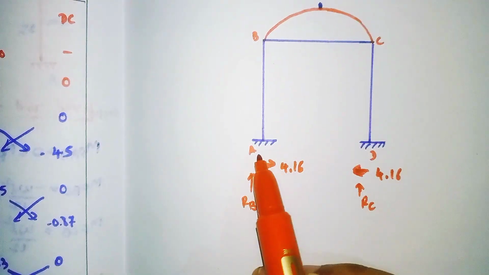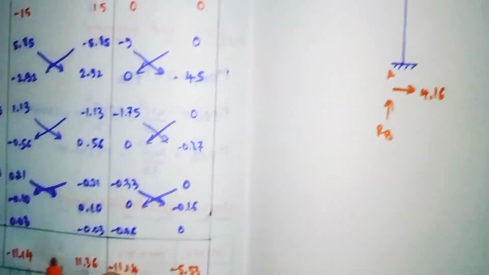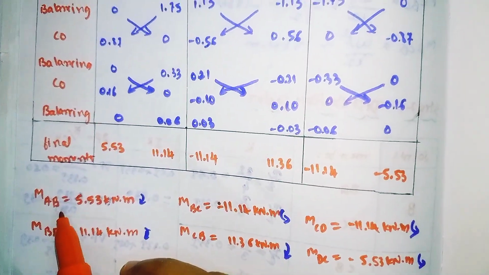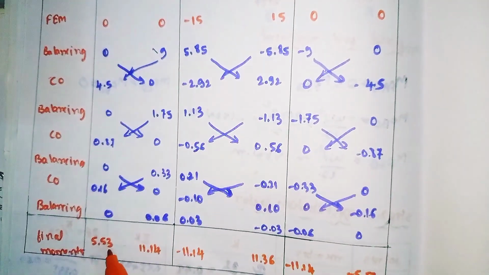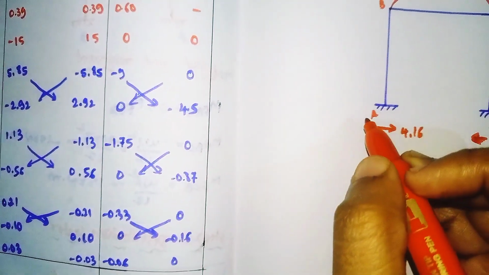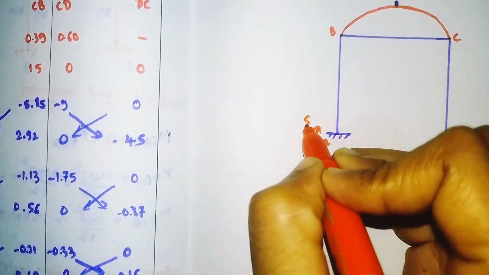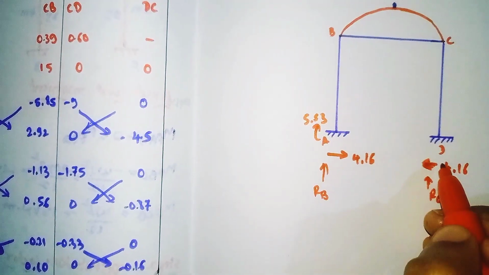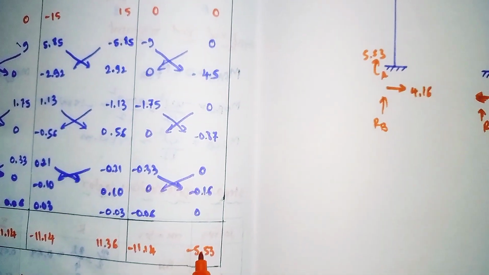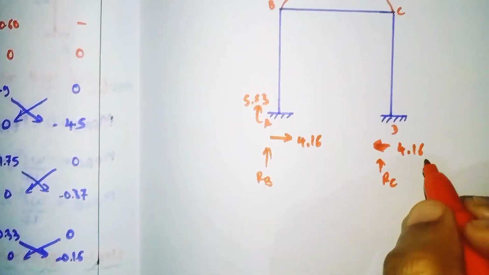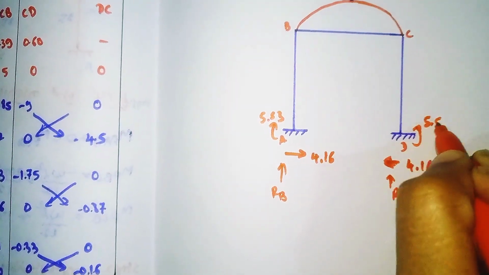At points A and D, our moments will take place. So MA at point A, see here, our moment is 5.53, and it is clockwise. At point D there is also a moment, where the final moment is minus 5.53, which is anti-clockwise.